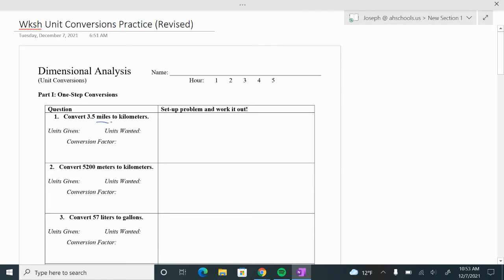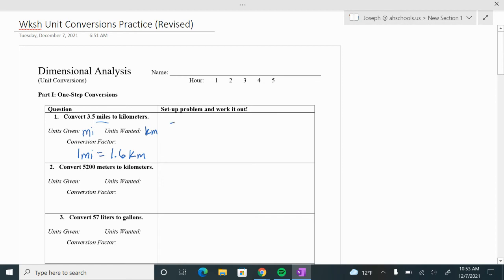The units I was given were the miles, so 3.5 miles. I'll leave that out for now, but I was given miles, and I want kilometers at the end. If I look at my conversion factors, I see that 1 mile is equal to 1.6 kilometers. And now I can set up my problem.